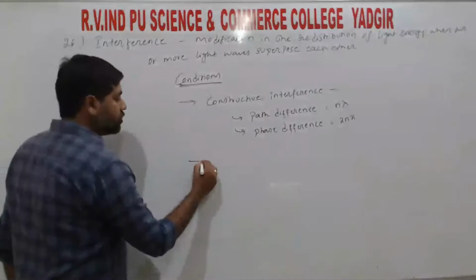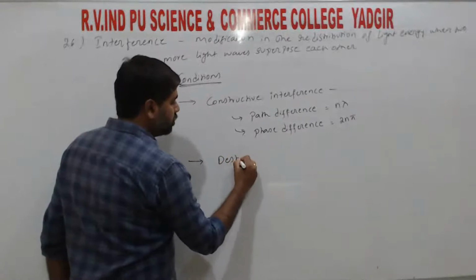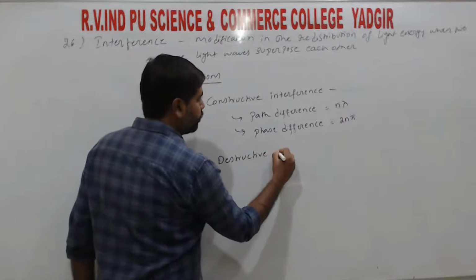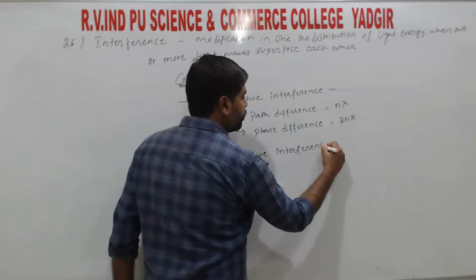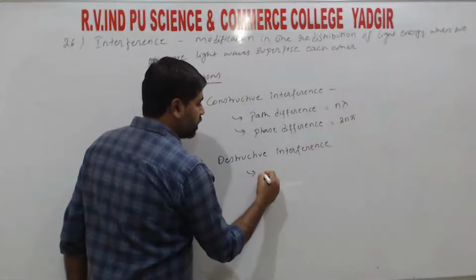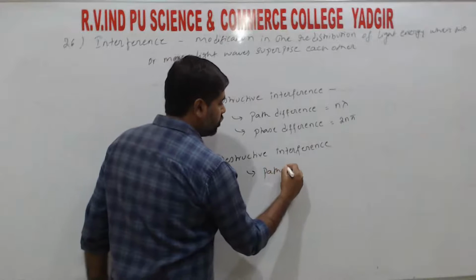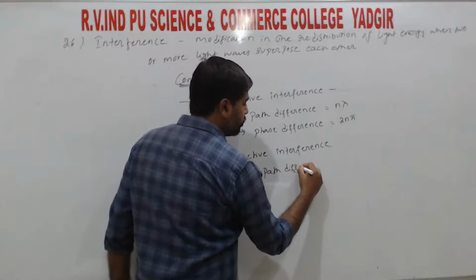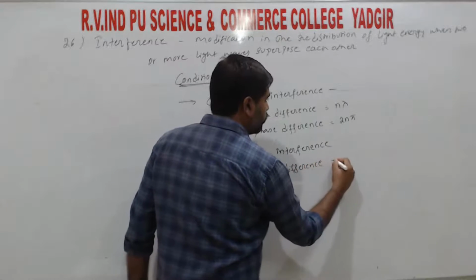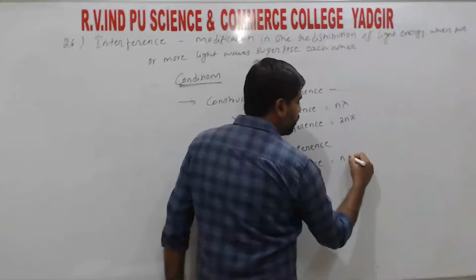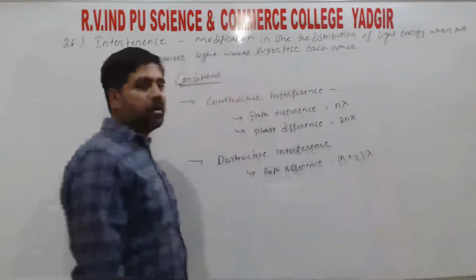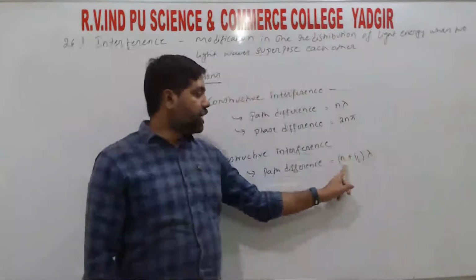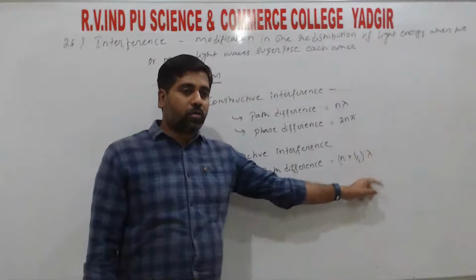The next one is for destructive interference, right? In terms of path difference, it is (n plus 1 by 2) into lambda, right? Here n is there, and here n plus 1 by 2 into lambda comes.